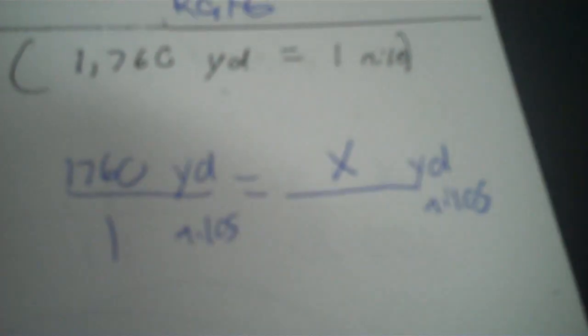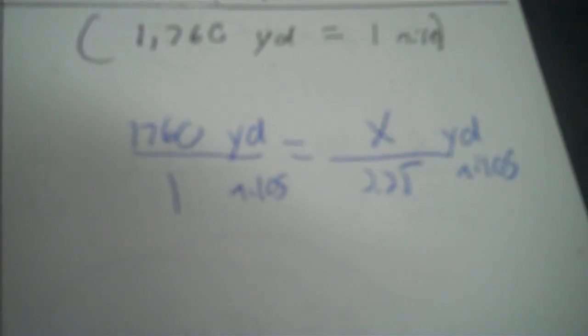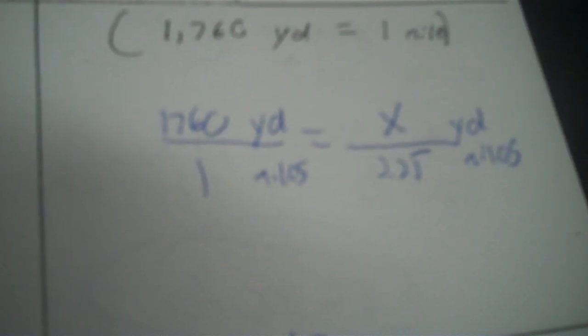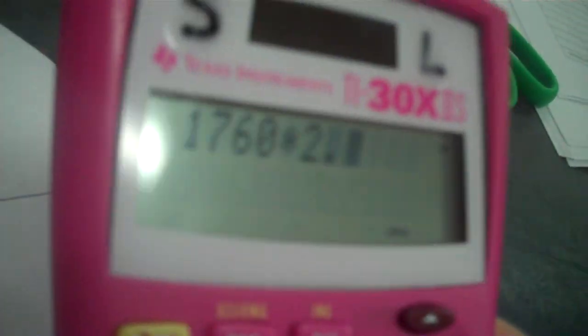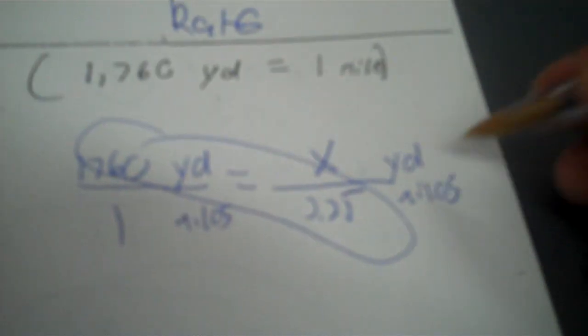It says to yards, so x is the yards, and how many miles do we have? We have 2 1/4, 2.25. So just like that. Because if 1,760 yards is 1 mile, we're trying to find out how many yards are in 2.25 miles. So cross multiply and divide. 1,760 times 2.25 divided by 1, 3,960 yards.